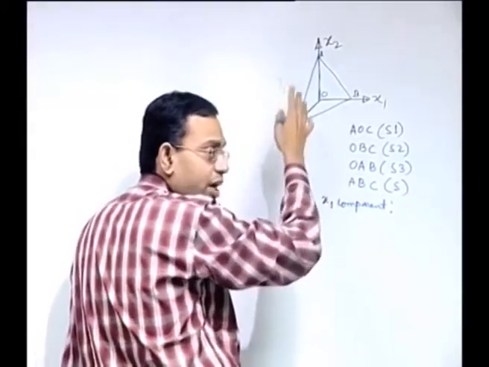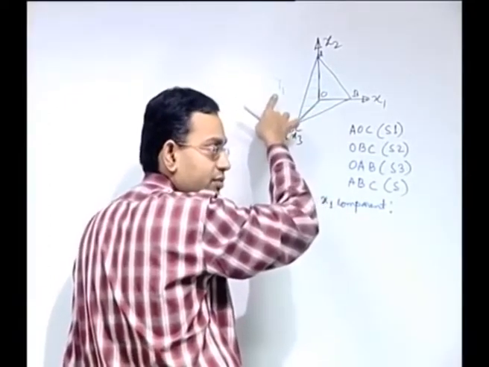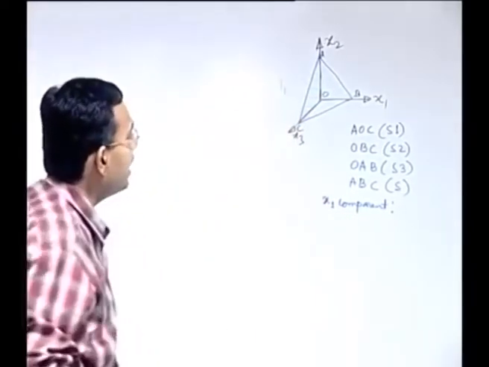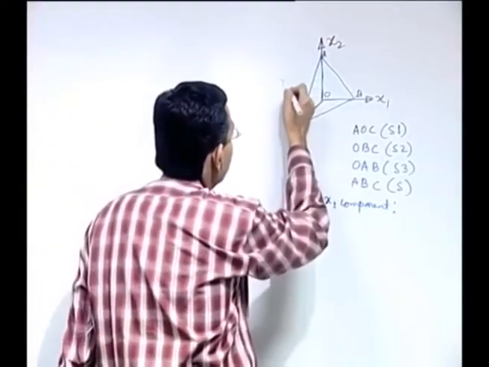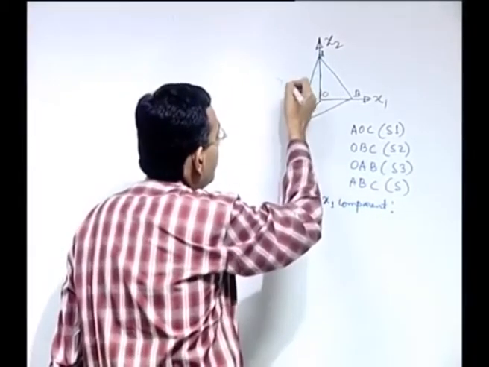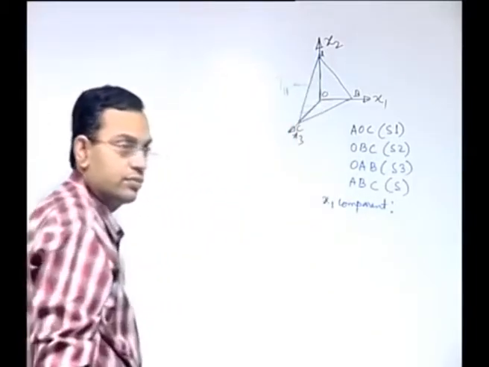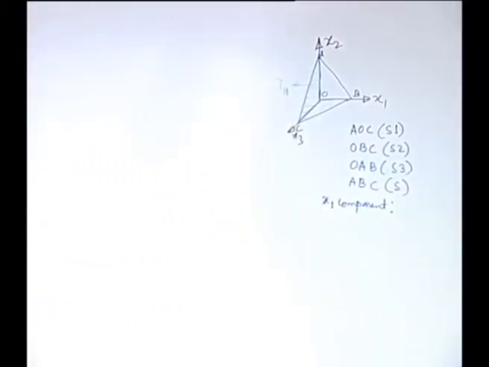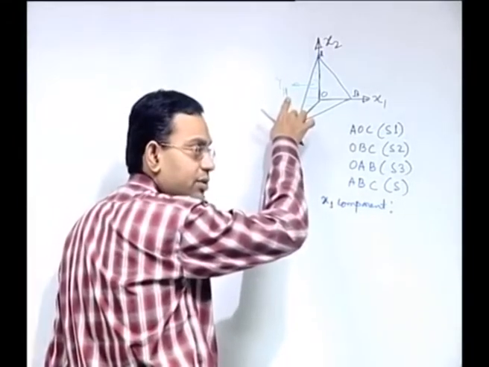plus or minus we will account for while showing the direction of the force, but not while writing it. And what is j? We are interested in the x1 component, so tau 1 1, but because the normal is along minus 1, we will show the force component itself along minus 1, that is the sign convention. So tau 1 1, the second index is the direction of the force.